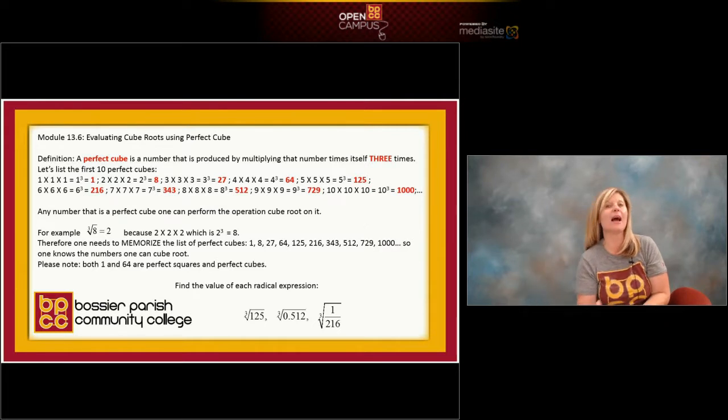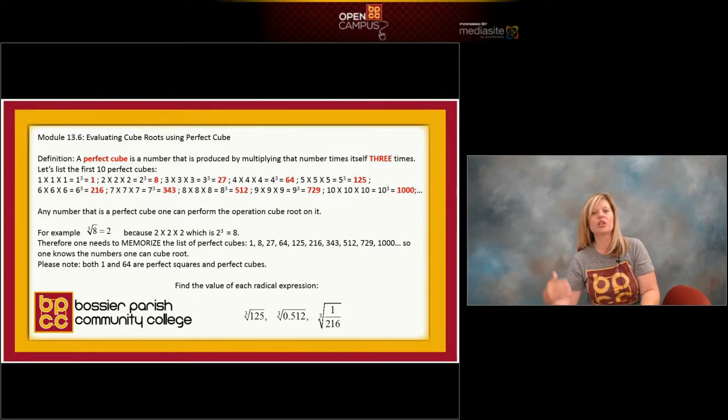If I multiply that out, 2 times 2 is 4, 4 times 2 is 8. Therefore, 8 is a perfect cube number. If I take the next whole number, 3, and I multiply it 3 times, 3 times 3 is 9, 9 times 3 is 27. So 27 is a perfect cube number, and so on and so on.